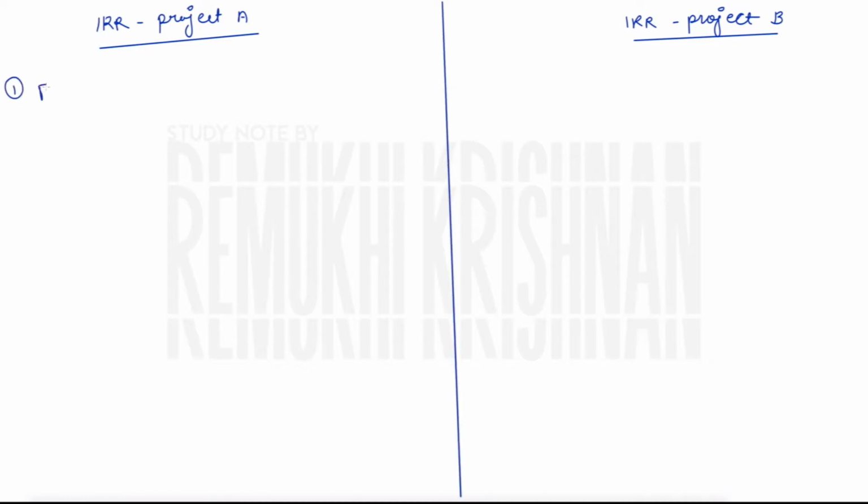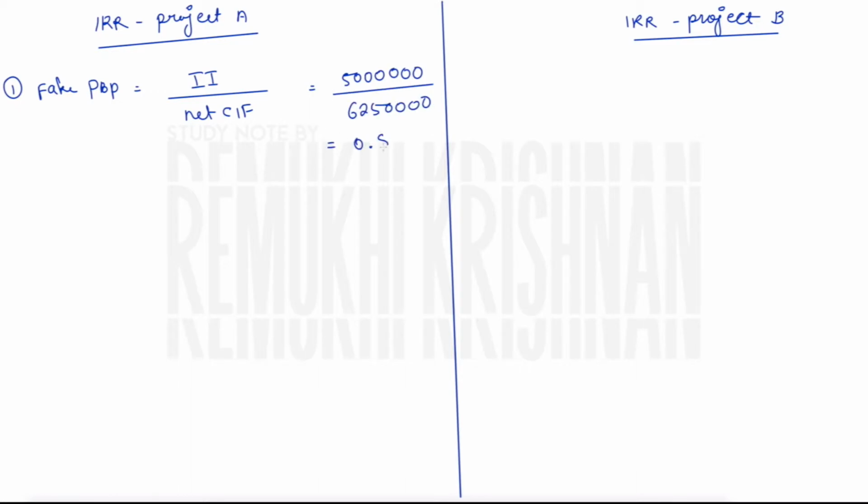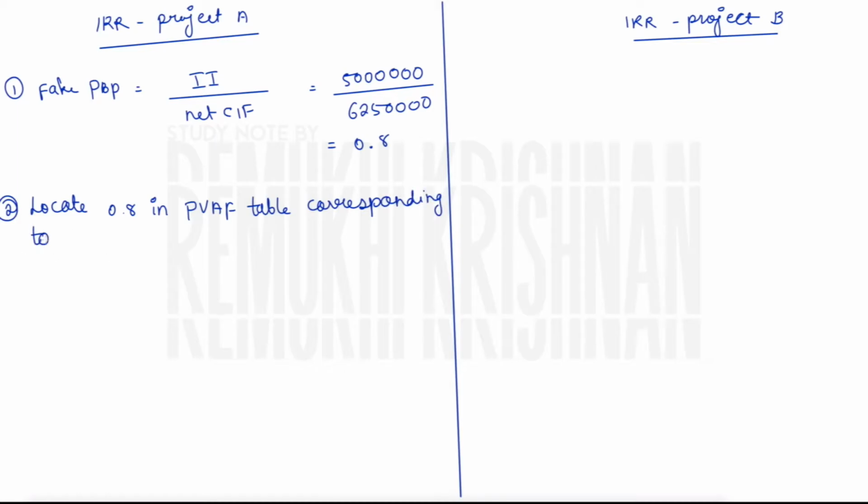So the first step is nothing but the fake payback period. So initial investment divided by net cash inflow gives our fake payback period, which is 0.8. Now I'm going to locate this 0.8 in the present value annuity factor table corresponding to the life of the project, right? If I do so, I will arrive at my IRR if the exact value can be located in the table.